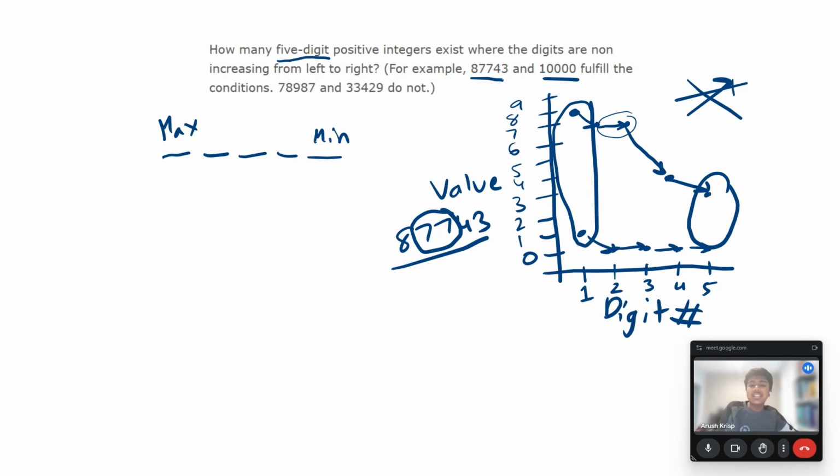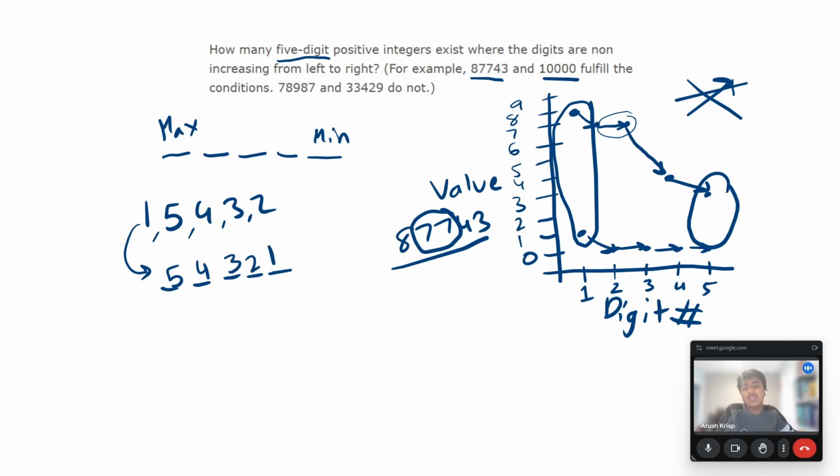So let's take a look at what this really means. If you have a digit combination, like let's say you have the digit combination 1, 5, 4, 3, 2, okay, let's try and make a 5-digit non-increasing positive integer from this. We know that the first digit has to be the max, then the second digit has to be the second biggest, the third digit has to be the third largest, and so on and so forth.